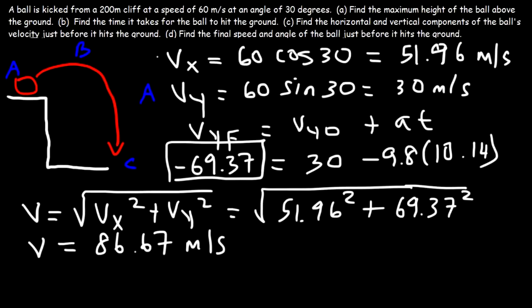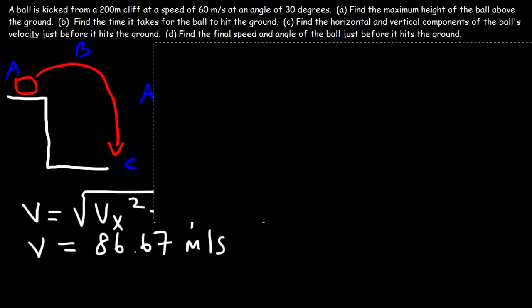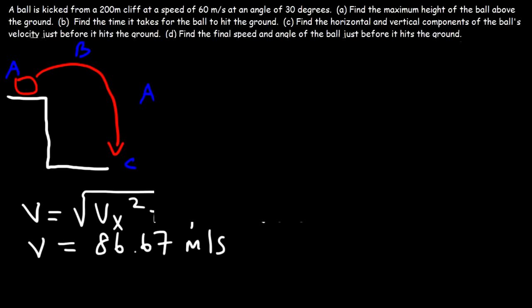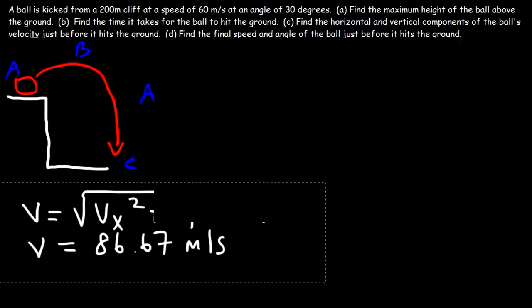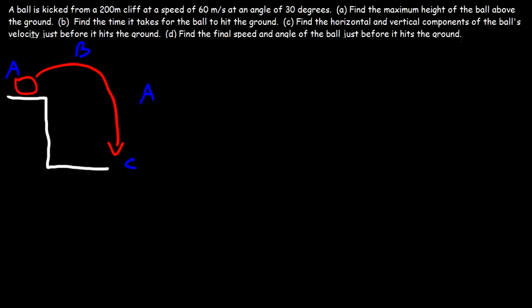Now let's talk about another way in which we can get that same answer. A method that's actually a lot faster. And it has to deal with the conservation of energy, which you're going to learn in a later chapter, but because it's so useful, I think it's worthy of mention.